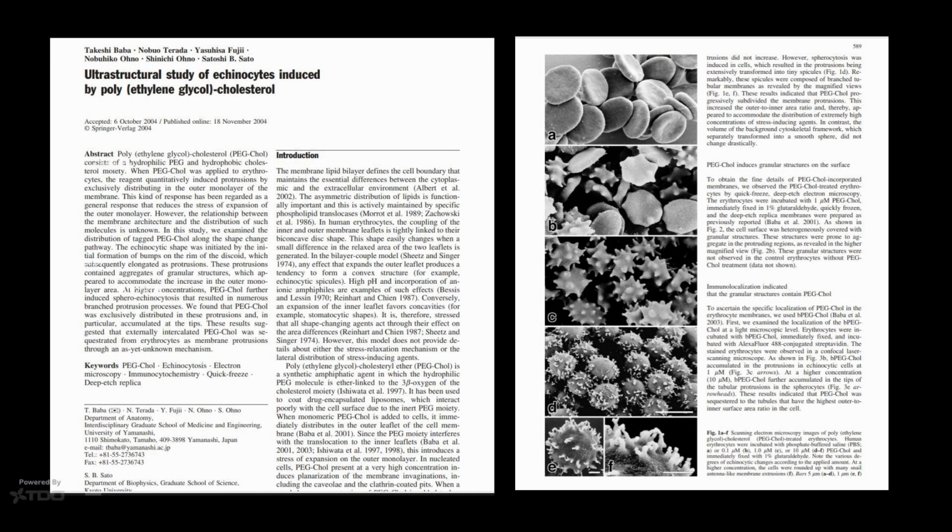Now, another paper has this about ethylene glycol, which is actually in Triton, and how that accentuates the transition to echinocytes. It's a function of the ethylene glycol. And so Triton has ethylene glycol in it. And when you read this paper, now it makes even more sense.